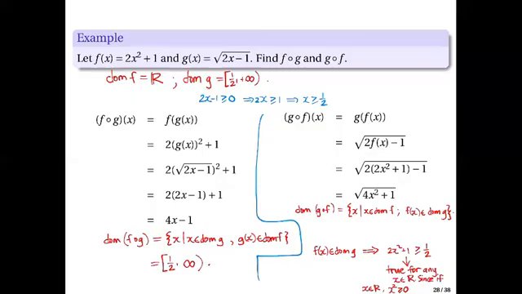Okay? Let me copy this guy here and adjust.